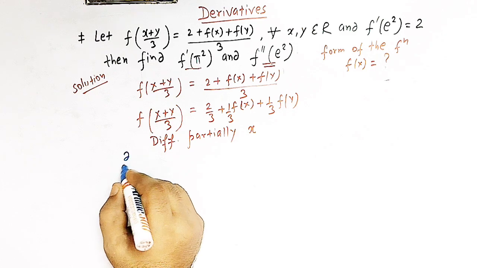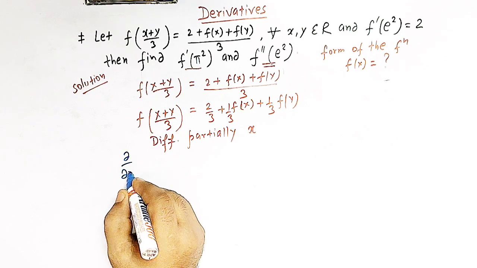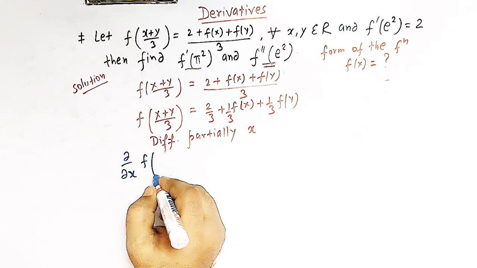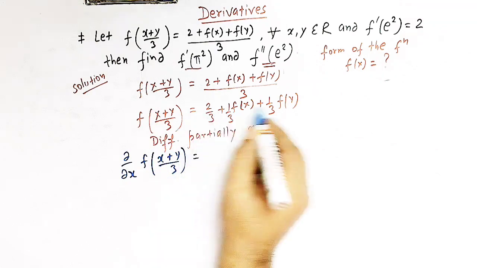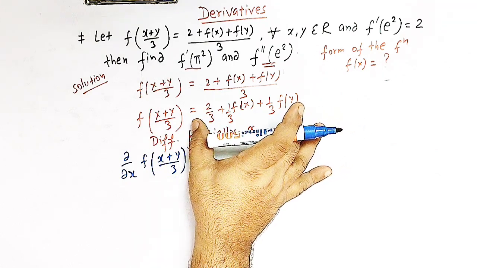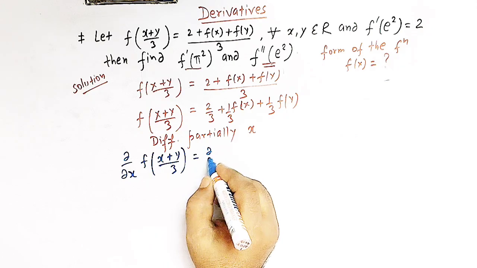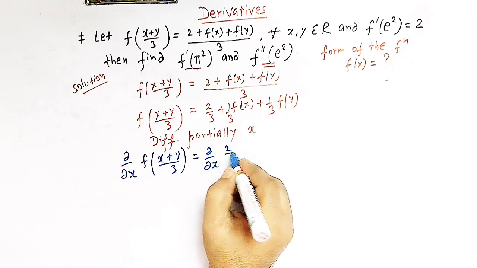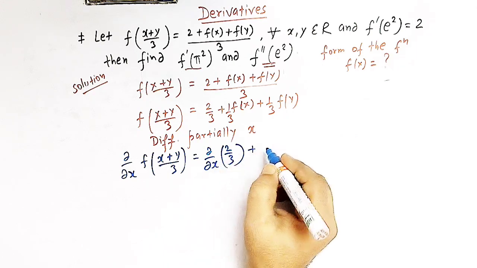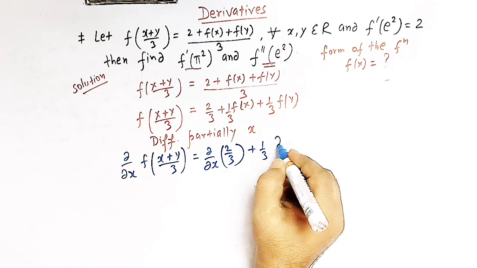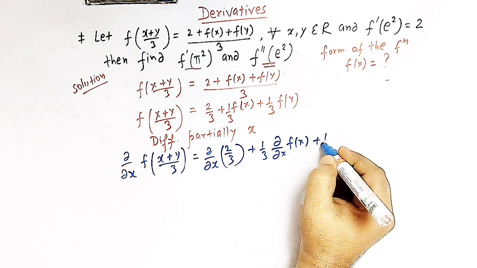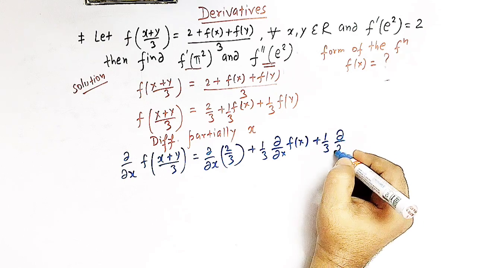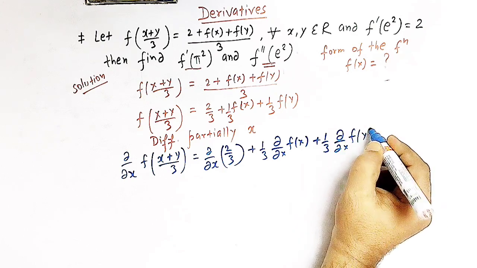So now we can write del over del x of f of (x plus y) over 3, and then we have to find the derivative of this expression with respect to x. So we have 2 by 3, then 1 over 3 derivative of f of x, and then 1 over 3 the derivative of f of y.